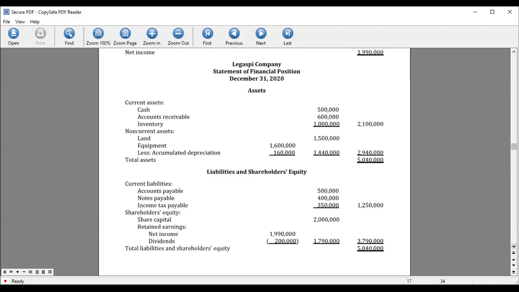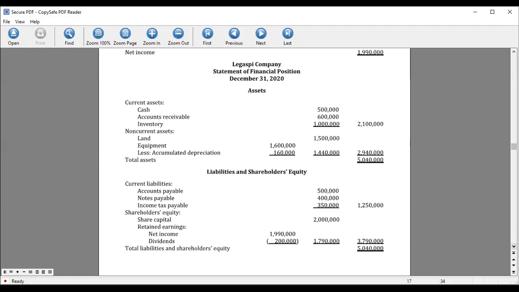Then we have for the current liabilities, accounts payable of 500,000, notes payable 400,000, income tax payable is 350,000, total of current liabilities. Shareholders' equity, we have share capital at a given amount of 2 million. That's in the statement of financial position.